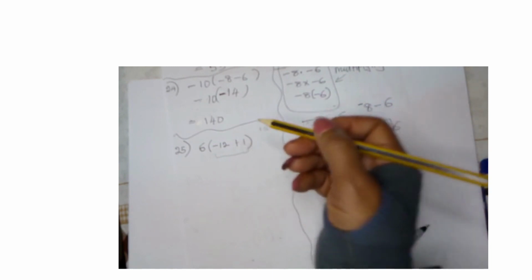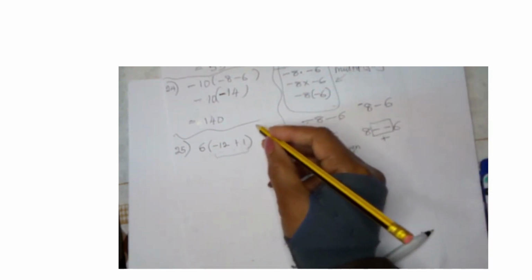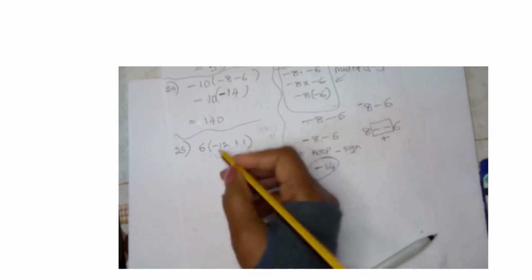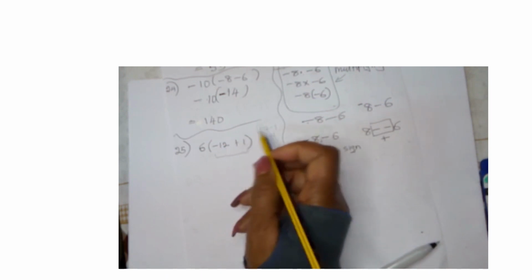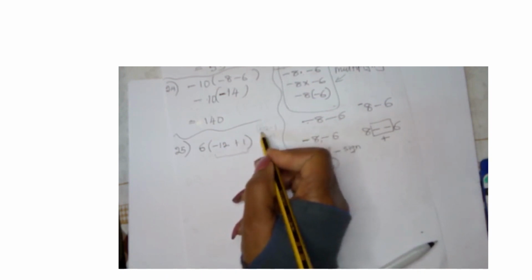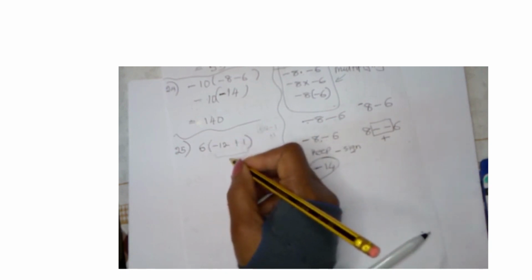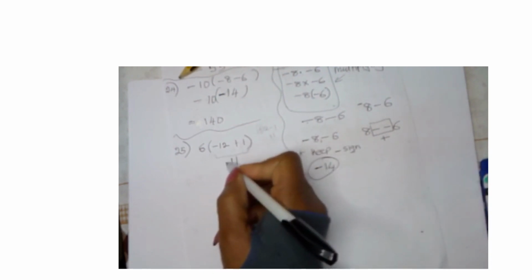Here the bigger number is 12. You subtract and it will give you 11. The sign of the bigger number is negative.